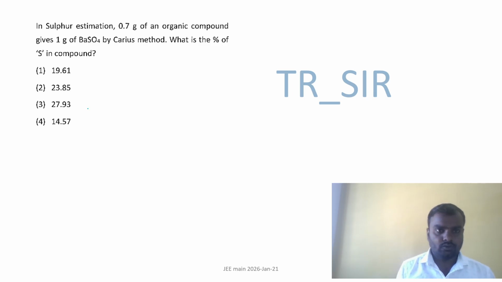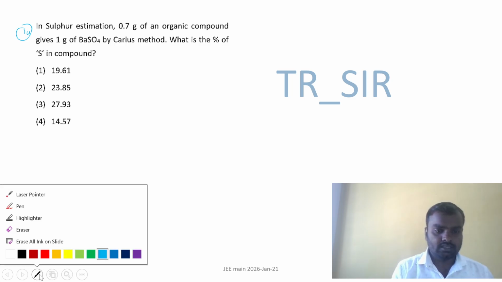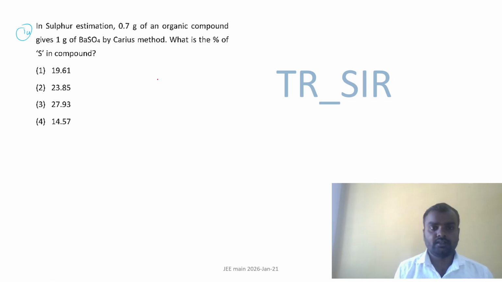This given question, the 14th question, is from the purification of organic compounds, guys. This is from the Carius method. Here they are asking the percentage of sulfur.